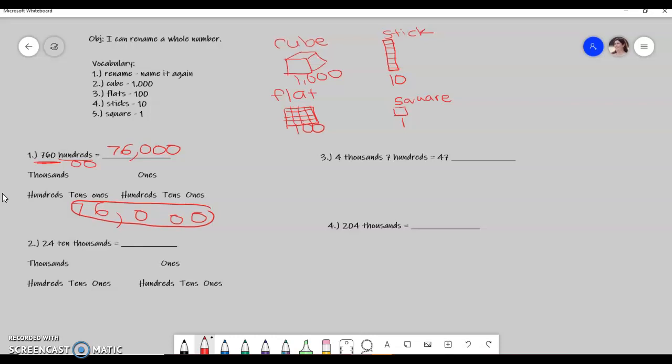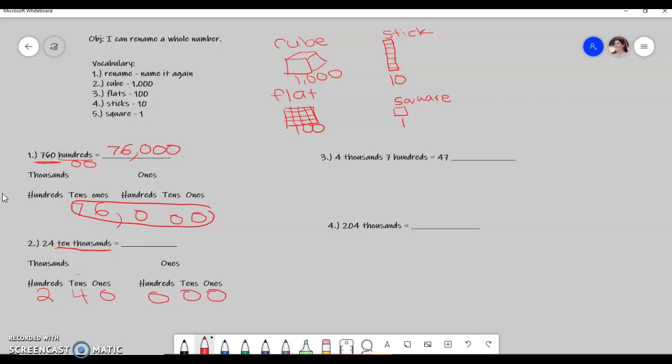Okay, now we look at the 24 10,000s. So we've got to find the 10,000s place. We're going to pay attention to that. How many zeros are in the 10,000s? Well, let's see. We have 24, and then we have the 10,000s. Everything else is zeros past the 10,000s place.